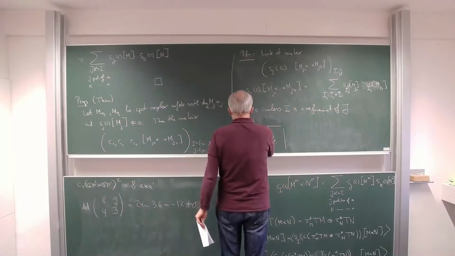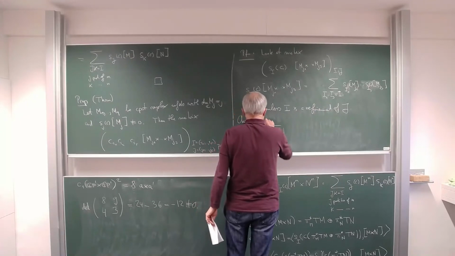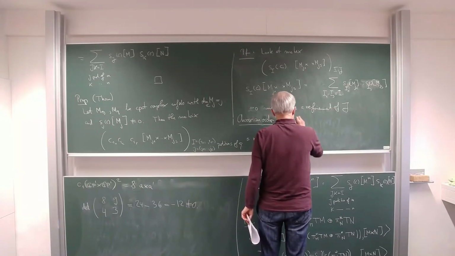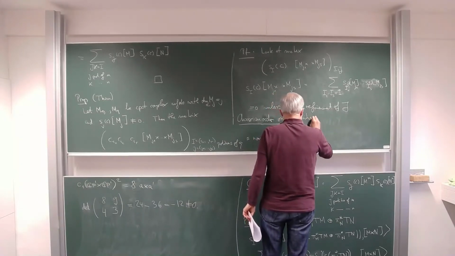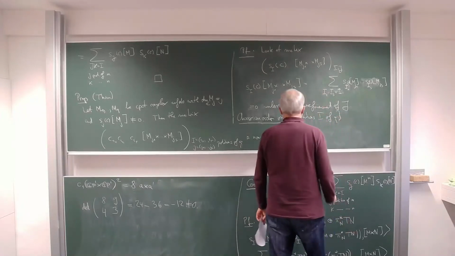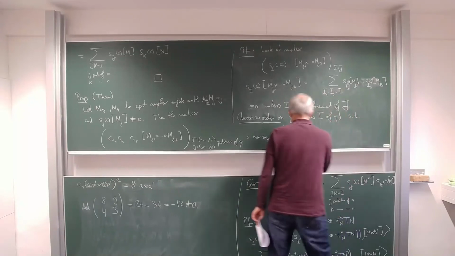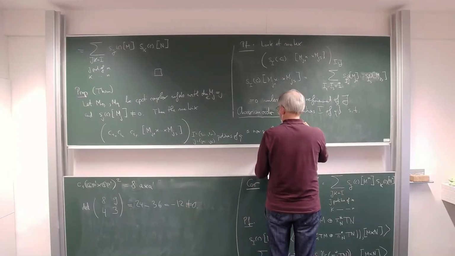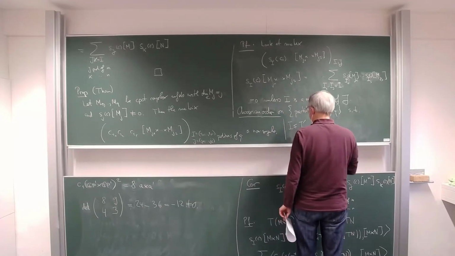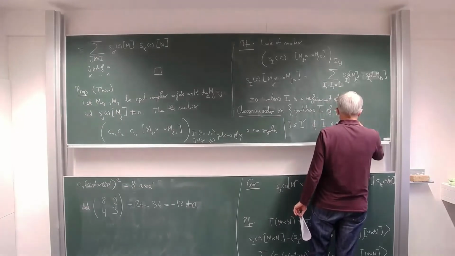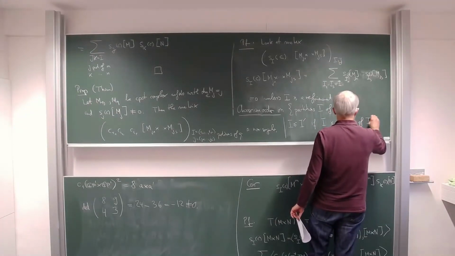Now, what we do, choose an order on the set of partitions of Q such that I is less than or equal to I prime, with respect to this order, if I is a refinement of I prime.